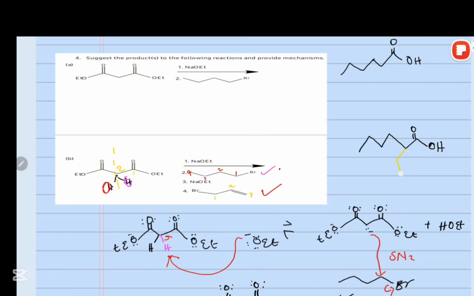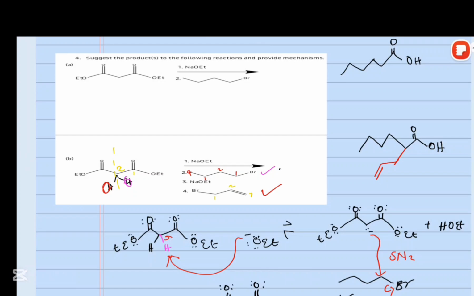Yeah, this ink is not good. 1 2 3. Then there's a double bond here at the end. You just put a double bond here. That's the answer.